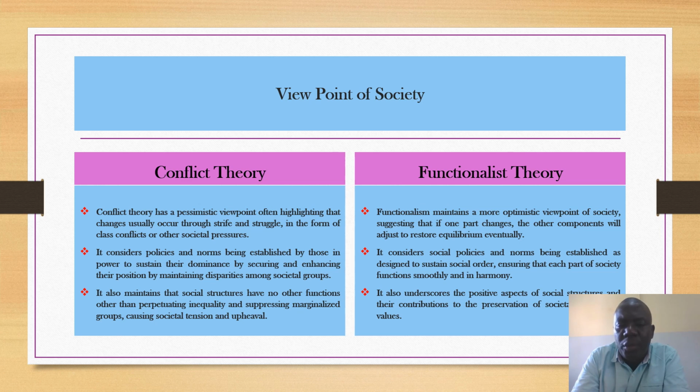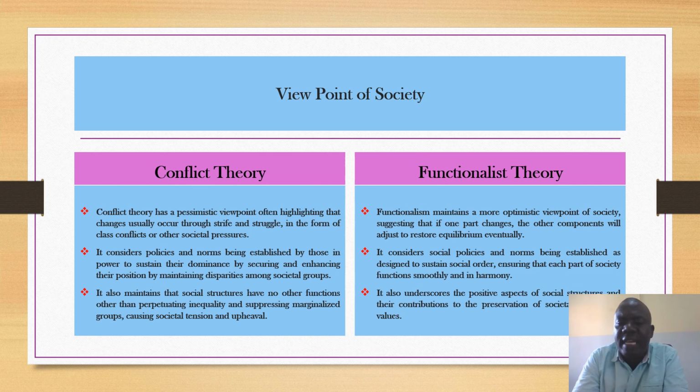So progress is maintained in society by adjustments in terms of changes that occur in one part of society, and subsequent changes are also necessary so that equilibrium is maintained.